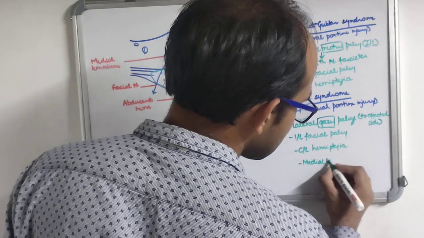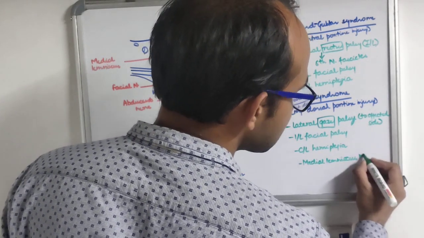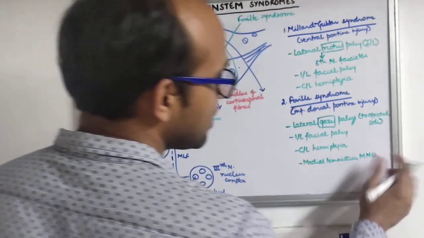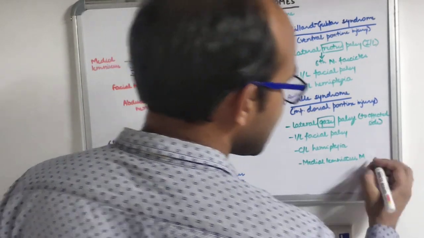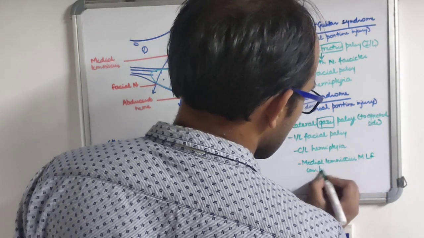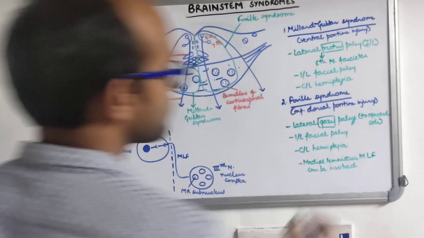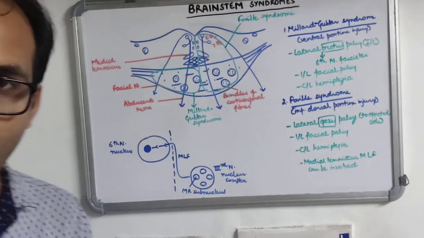So medial lemniscus and MLF can be affected. Due to involvement of the medial longitudinal fasciculus, again there will be INO. So this is all about the Foville syndrome.